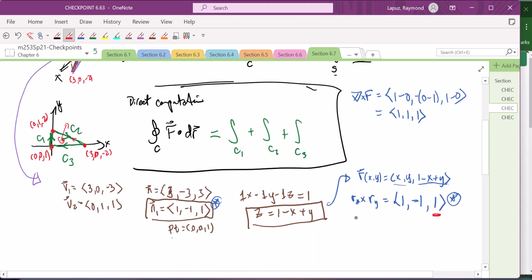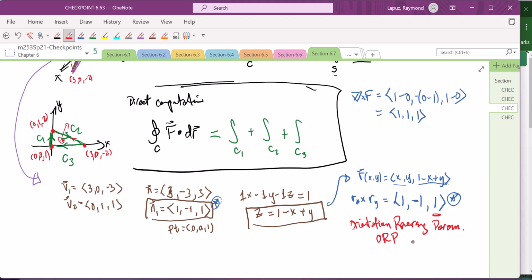So our parameterization here is an orientation reversing parameterization. So ORP, which means we want to have it go the other way.